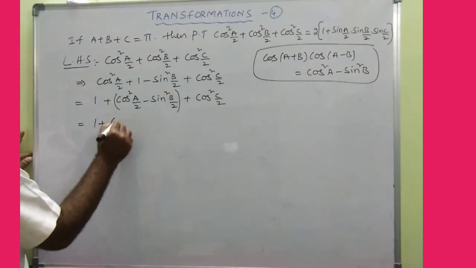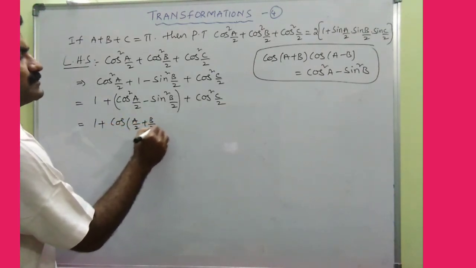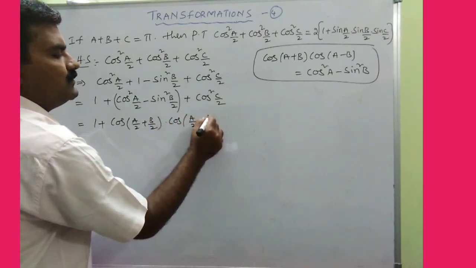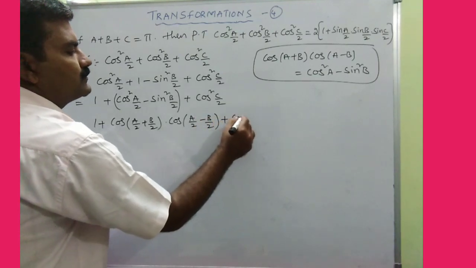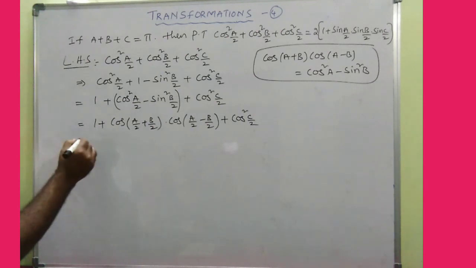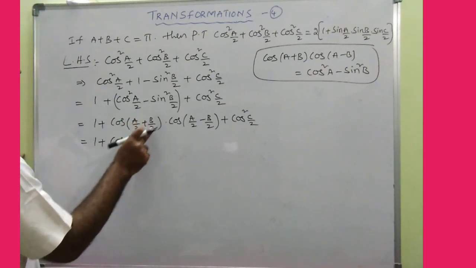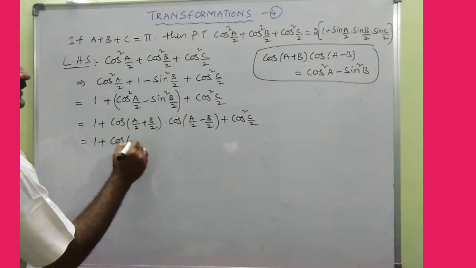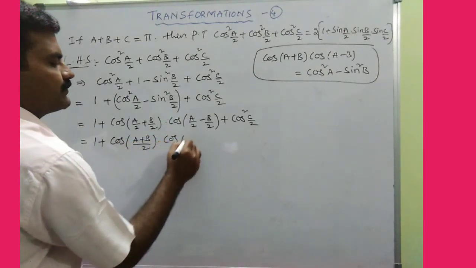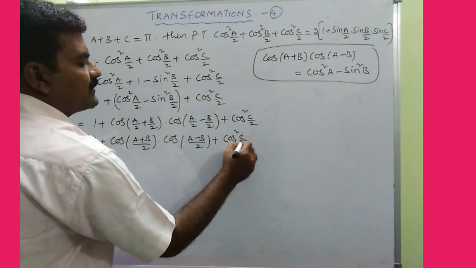Hence, how can we replace this? It is cos of A plus B, that is A by 2 plus B by 2, into cos of A by 2 minus B by 2 plus cos square C by 2. So 1 plus cos of A plus B by 2 into cos of A minus B by 2 plus cos square C by 2.